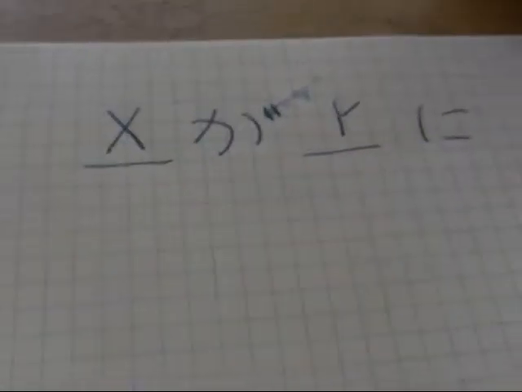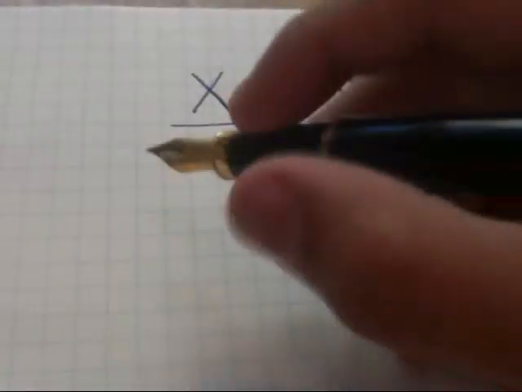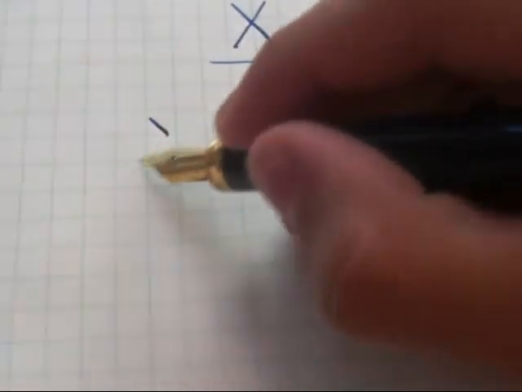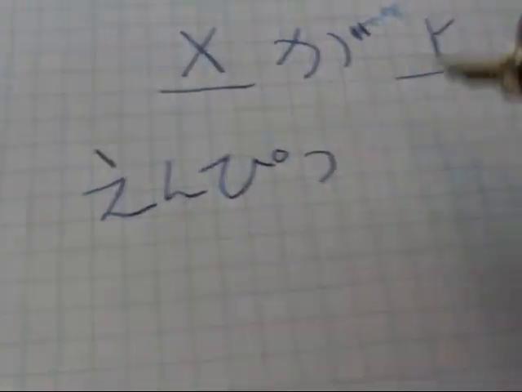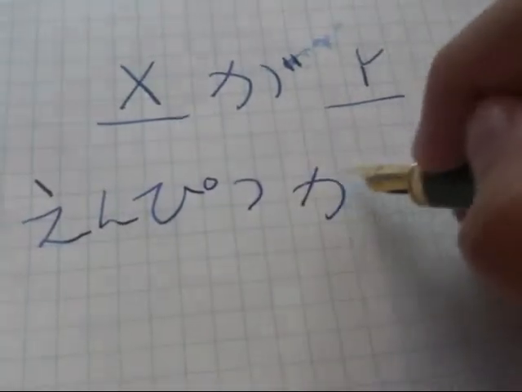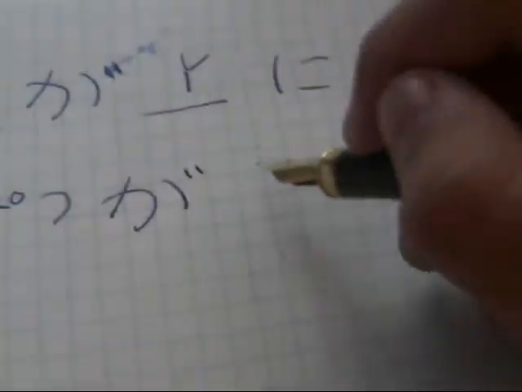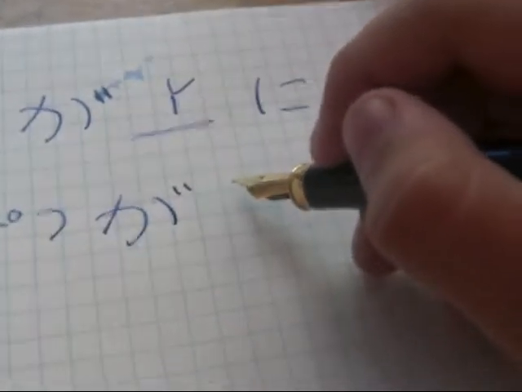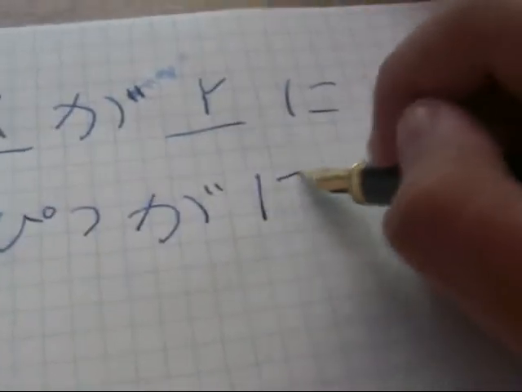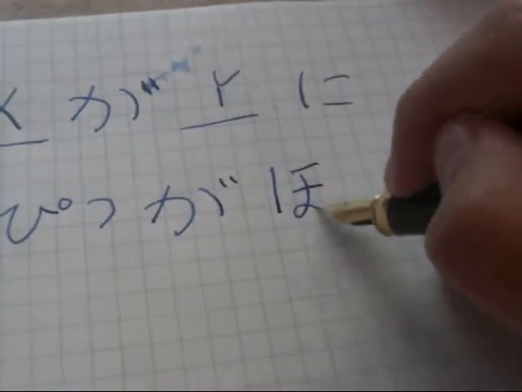So right here, we can put things like enpitsu, enpitsu ga, let's see, how about hon, book, because we love using that word. Hon means book, everybody.